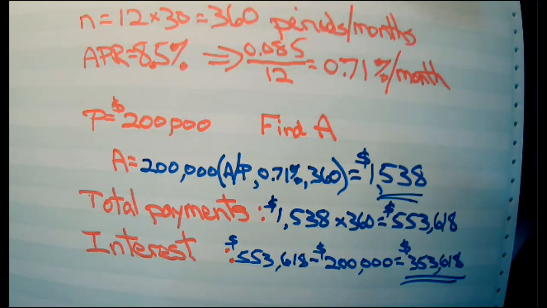You kind of have to let that sink in a little bit. When you buy a home, if you kept the mortgage to the very end, it could be quite expensive in terms of interest. And that's one of the reasons that you'd probably like to have that $353,000 in your pocket.